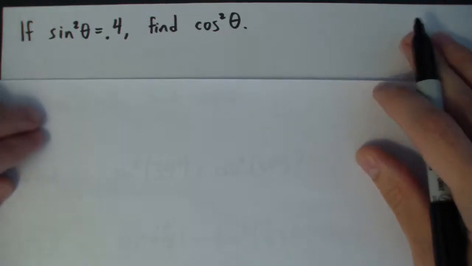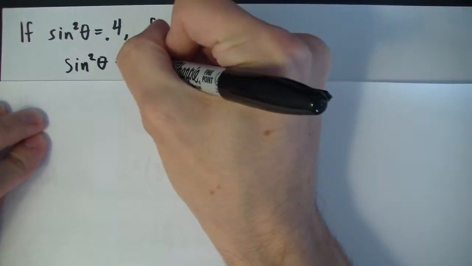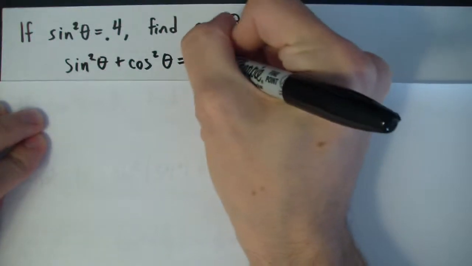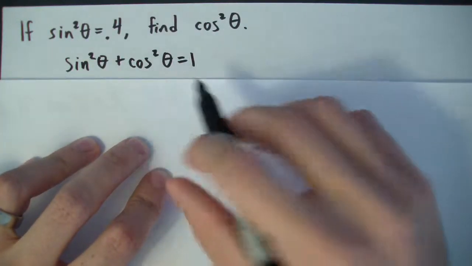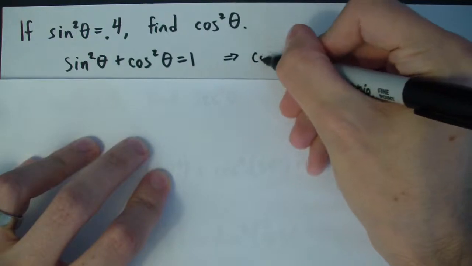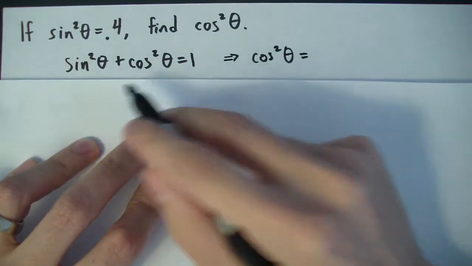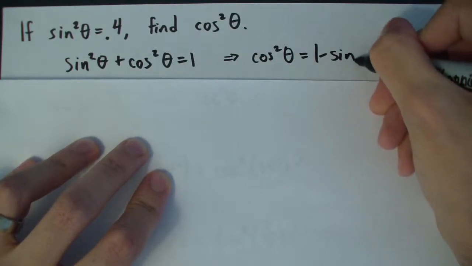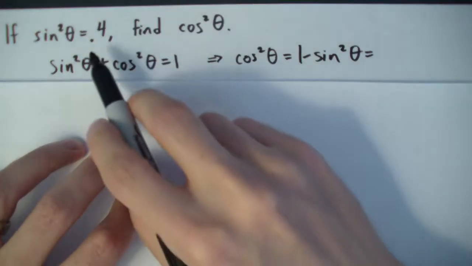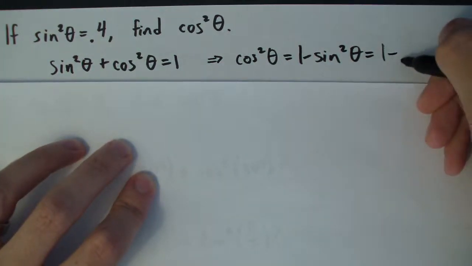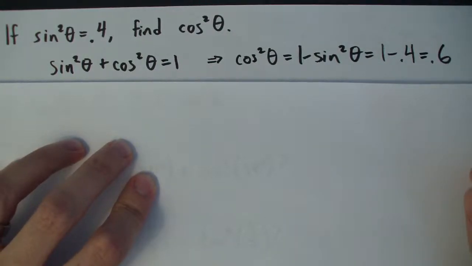Well, remember that because sine squared theta plus cos squared theta equals 1, we can rearrange this and see that cos squared theta is equal to 1 minus sine squared theta. And since we were told that sine squared theta was 0.4, we get 1 minus 0.4, which is 0.6. So that's what cos squared theta would be.